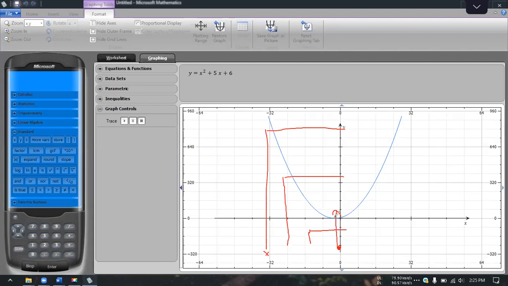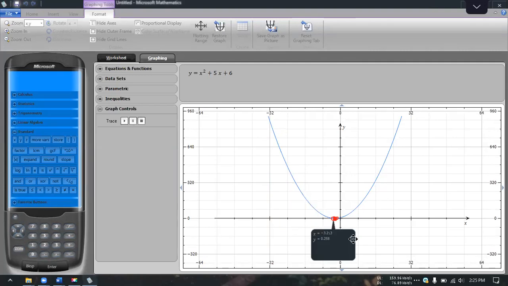Yeah. Again, this is the vertex. And our vertex kanina is negative 1.25. Hindi ko lang siya ma-perfect, no? But y is negative 1/4, right? In decimal form, that's negative 0.25. So ito siya.